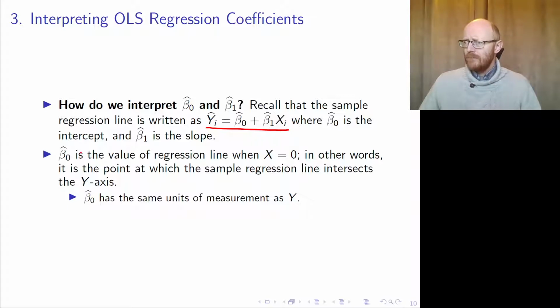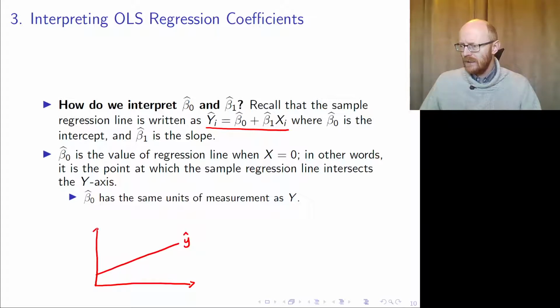So beta naught is the value of the regression line when x equals 0. If we have the sample regression line here, with y here and x here, then beta naught hat is here, when the x variable is 0.